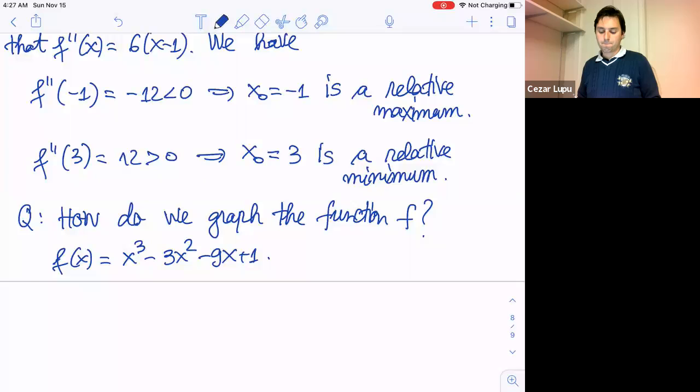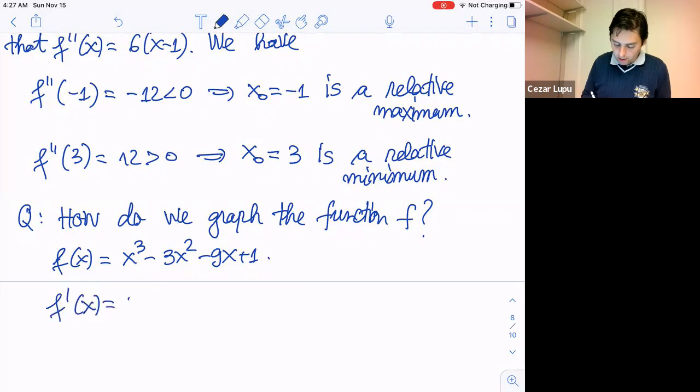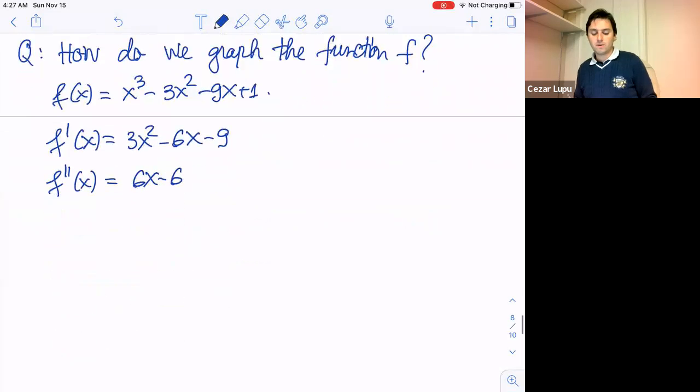Yeah, that was the function. Okay, now keep in mind that f prime of x was 3x squared minus 6x minus 9, and f double prime of x was 6x minus 6. Okay, so these are the derivatives.